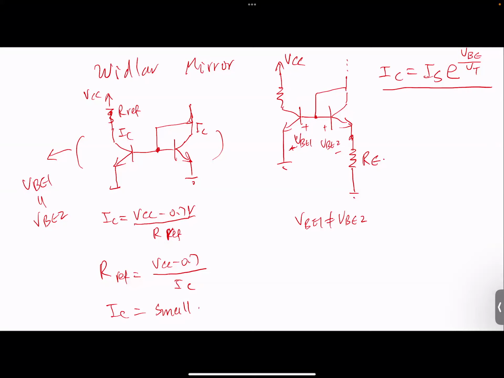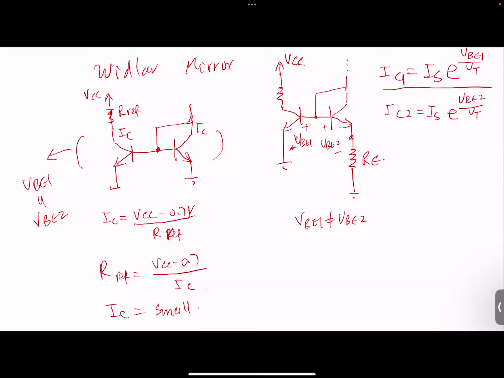So in this case, we can calculate IC1 and IC2. Okay, so we calculate IC1 with VBE1, and IC2 with VBE2. That's how we would write IC1 and IC2 in the two circuits.